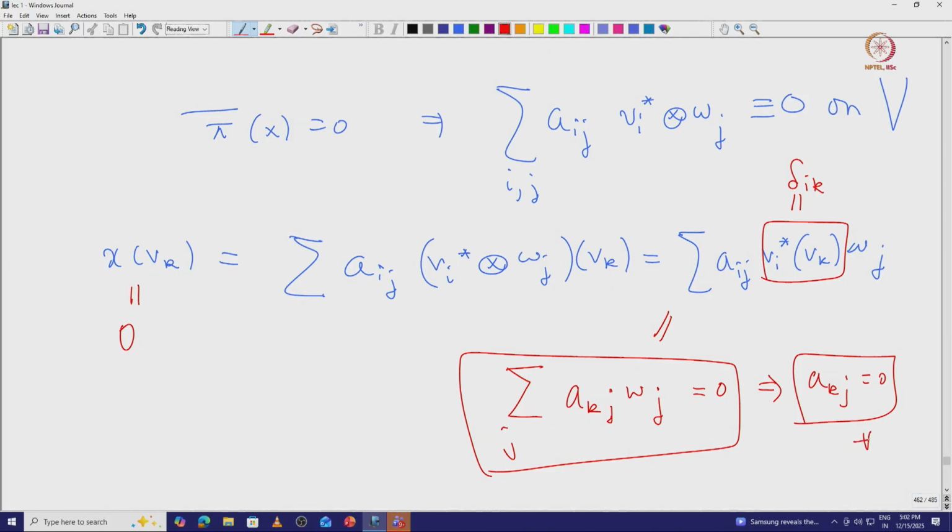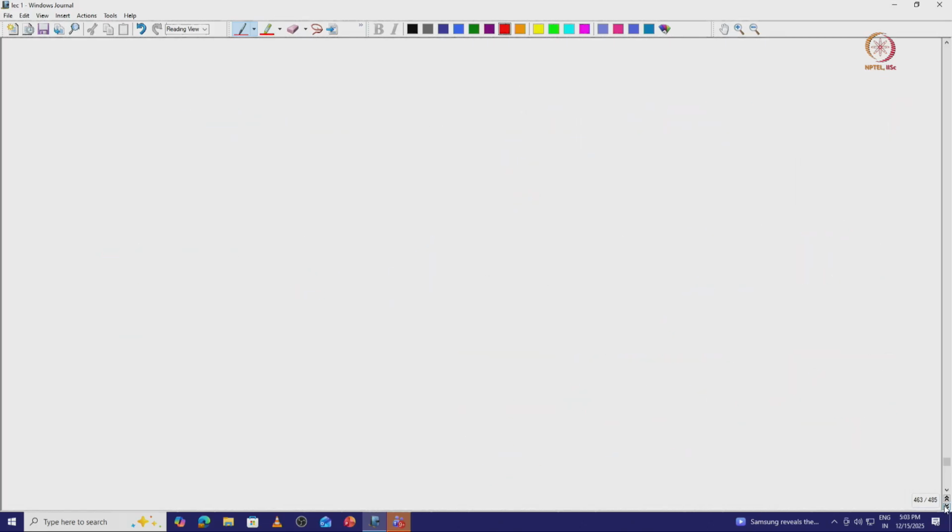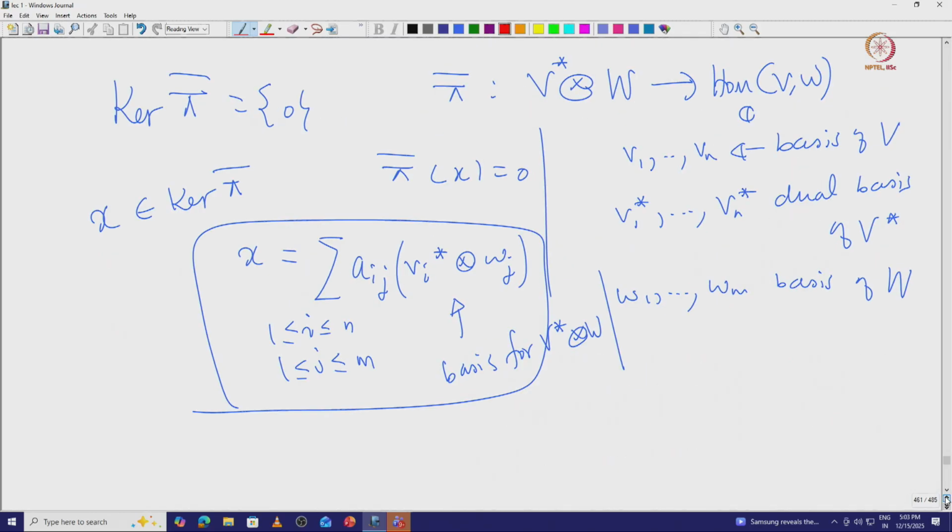So, that actually proves the linear relation that we had is not going to happen. That means x must be 0. So, that implies that the kernel of pi bar is 0. So, this proves we have this isomorphism between the tensor product of V dual and W and Hom of V comma W. This is a very important isomorphism, and similar isomorphisms are actually there between the Hom spaces and so on.